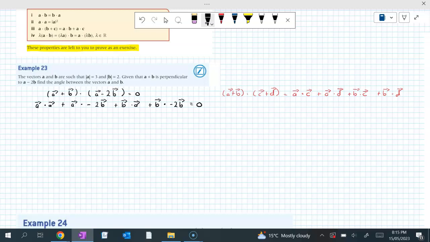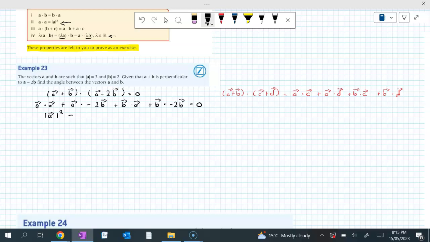First of all, if I have a look at my properties, the second one tells me that a dot a is the modulus of a squared, and we know the modulus of a. So we'll just write that in straight away, the modulus of a squared. Now, a dotted with minus 2b, well, if I look at the last one down here, if lambda is a real number, and it's beside one of the vectors like it is here, beside a, and here it's beside b, then it's fine to bring it out the front.